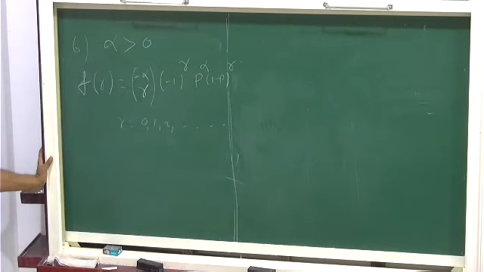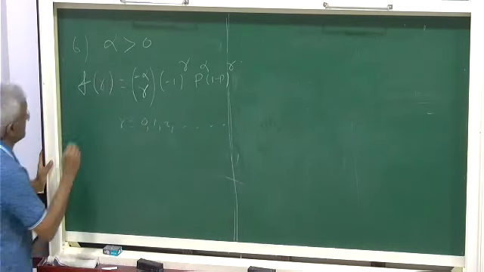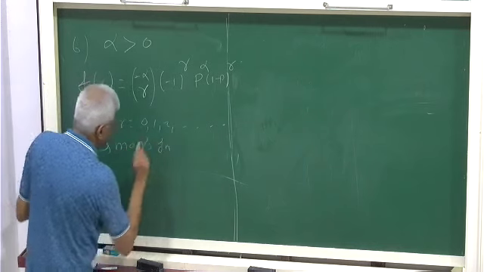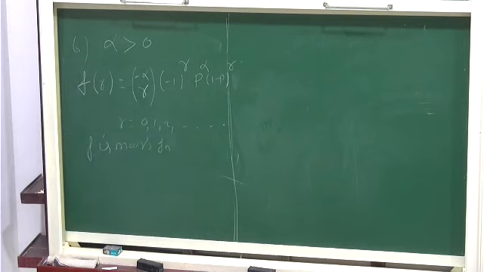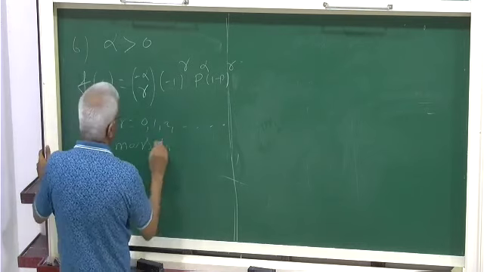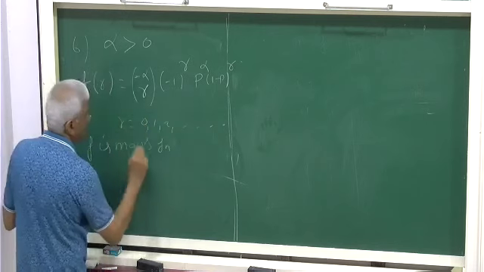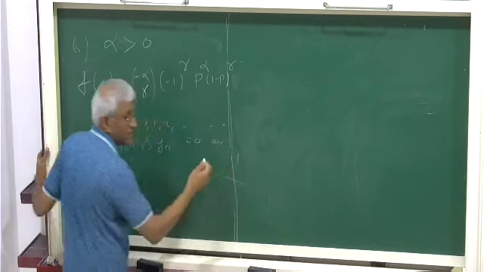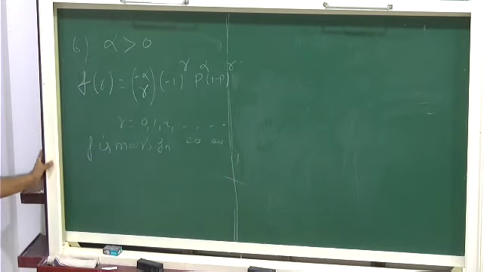So the claim is f is a probability mass function. It equals this, and it is equal to 0 otherwise.